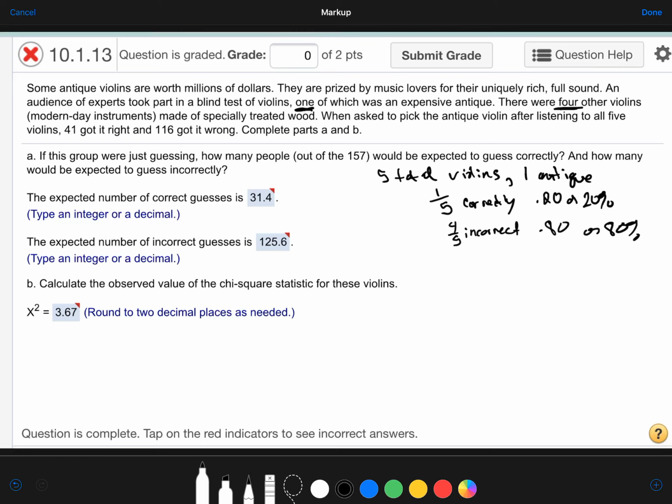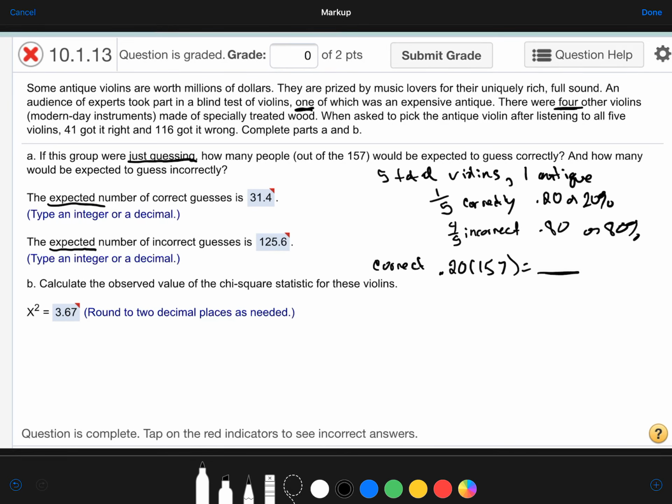When they want you to find your expected values, again, we're all talking about just guessing. It asks how many people out of the 157 would guess correct and how many incorrectly. So about 20% of these people out of the 157 total would get it correct, whatever that is.